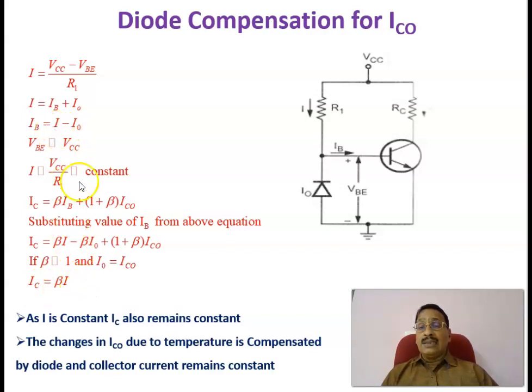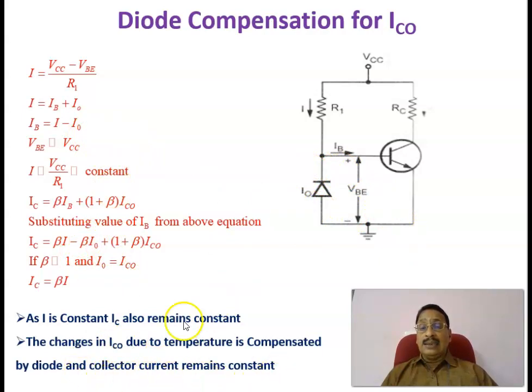But we have already seen that I is a constant. Therefore, IC will be beta times a constant current I. As I is a constant, IC also remains constant. That means the change in ICO of this transistor due to the temperature change is compensated by the change in I0, that is beta I0, the change in diode current.